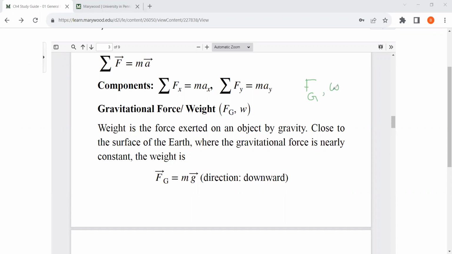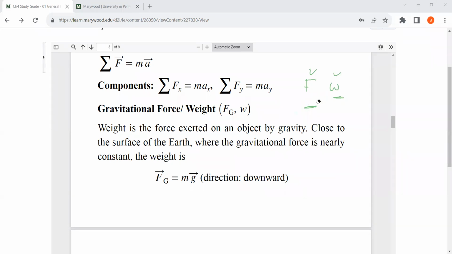W means the weight. So the gravitational force, the force of gravity, and the weight are all the same thing. If you see either symbol, it means either gravitational force or weight, which have the same meaning.